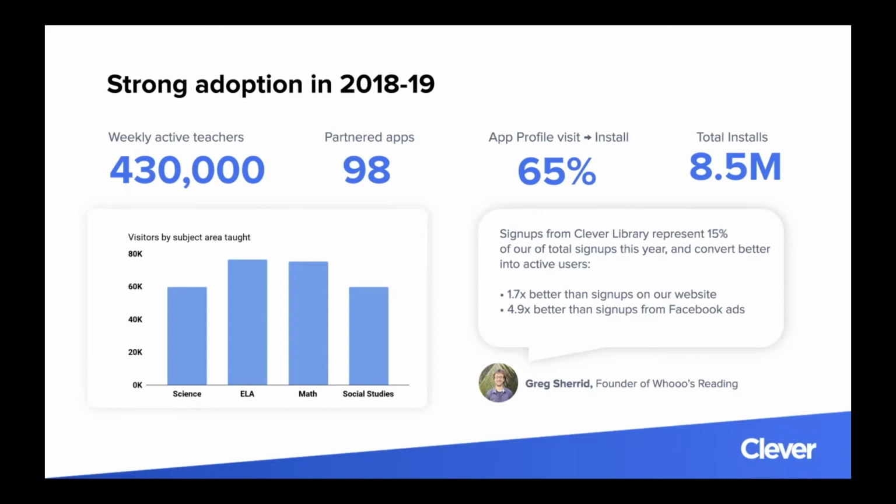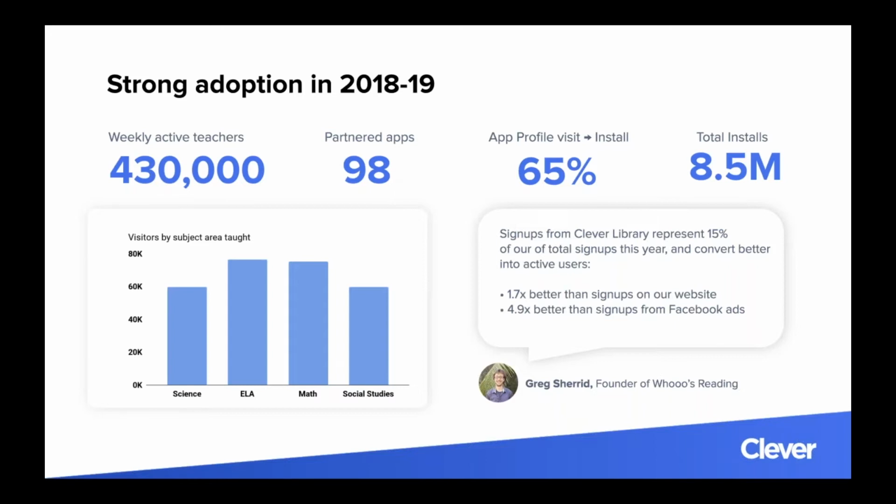But what's more exciting, I think, is the fact that these signups, this channel for new teachers, is converting at higher rates to engaged teachers. And we hear this from multiple partners, including this data point from our partner Who's Reading, that signups through Clever convert to engaged users at 2 times the rate of signups on their website with a manual username and password, and 5 times better than signups through Facebook ads.